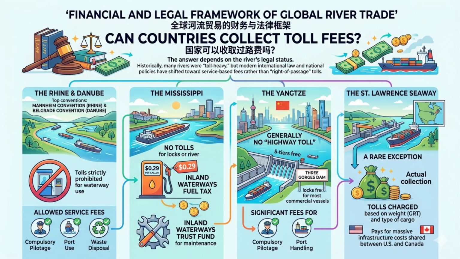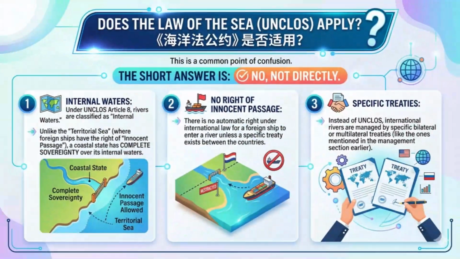There is some toll charge, but that is very much linked to the infrastructure cost that was built to facilitate US and Canada trade. So this cost, presented in toll format, is collected to recover the infrastructure cost. Now we have some understanding of whether a country can collect tolls.